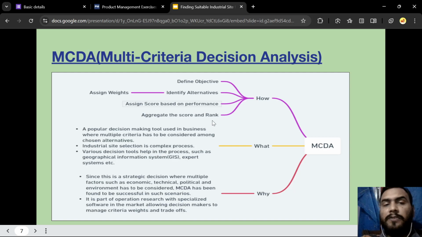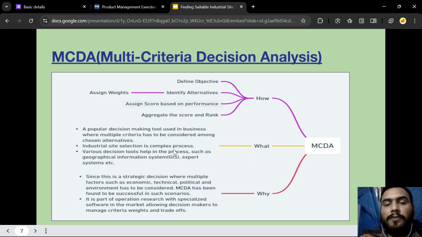Now, MCDA means multi-criteria decision analysis. When there are multiple criteria to come to a final decision, we choose this MCDA approach. How is it done? We define the objective, identify the alternatives, and assign a score based on the performance of the different alternatives. We aggregate and give a ranking.